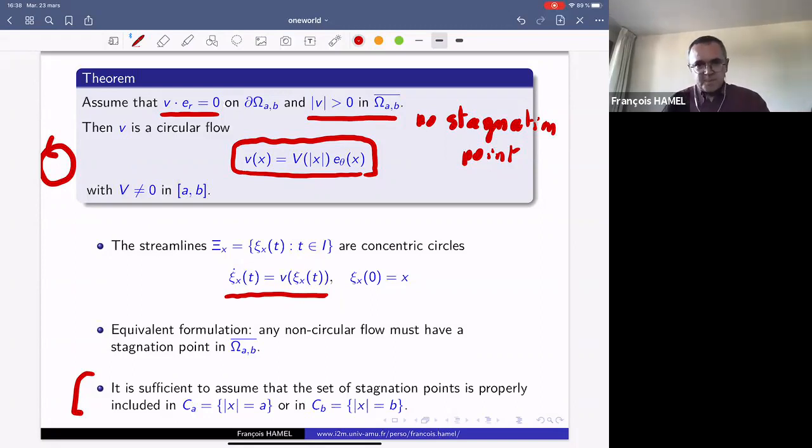Even with this assumption, it turns out that the set of stagnation points is then empty. This is the first result, and it can also be viewed as a Liouville type result, because it means that the stream function, which I'm going to define soon, is radially symmetric.